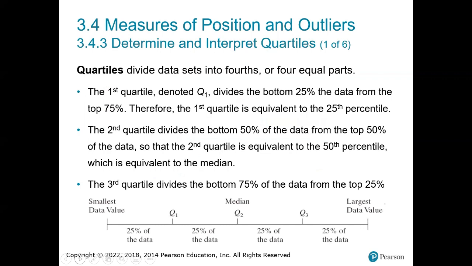The second quartile is the 50% mark, which is also called our median. The next one is Q3, the third quartile, and up to that point is now 75%. So I've broken it into quarters: Q1 is 25%, Q2 is 50%, Q3 is 75%, and then the end values are our smallest and largest values, or our min and max.